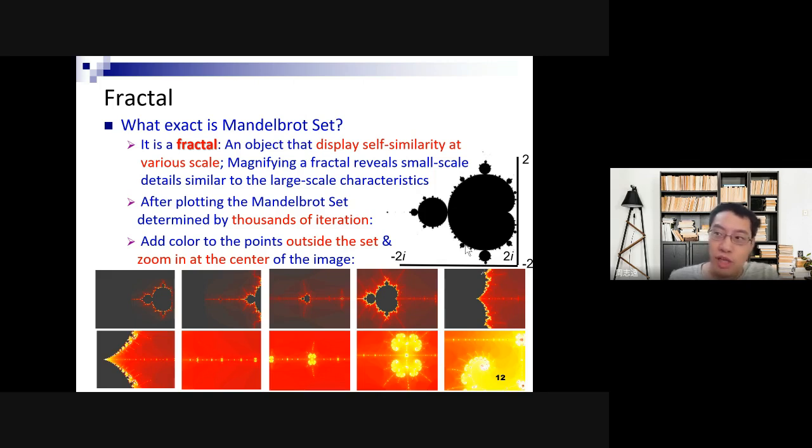When we try to model or represent it, we need to derive some mathematical equation to capture that pattern. So the Mandelbrot set is one of these examples. This is an example where we can find a mathematical equation to describe a pattern with a fractal.